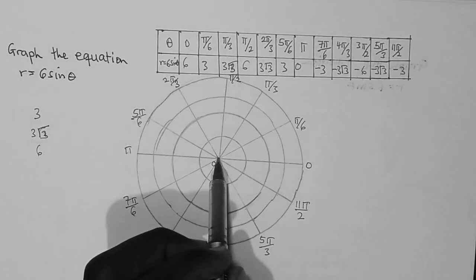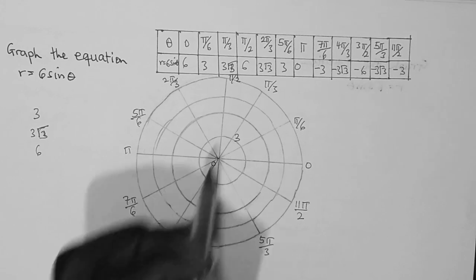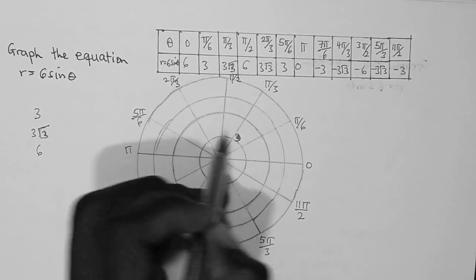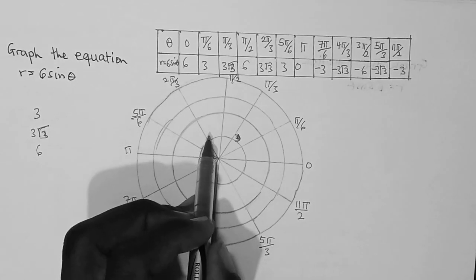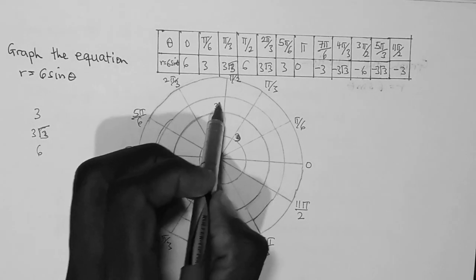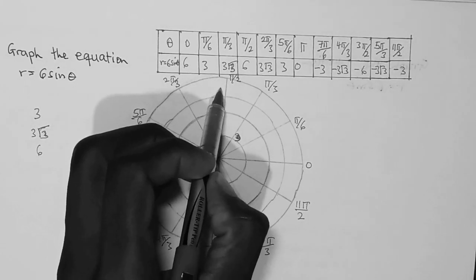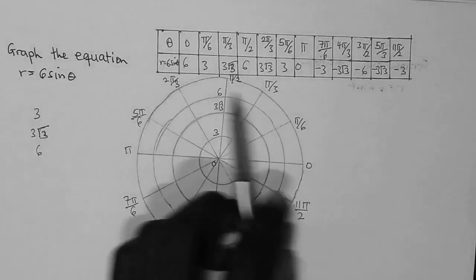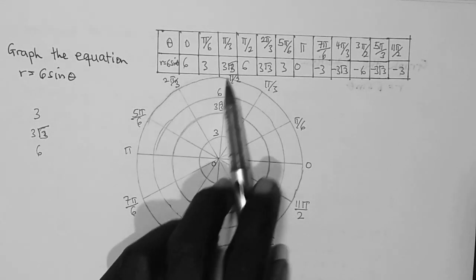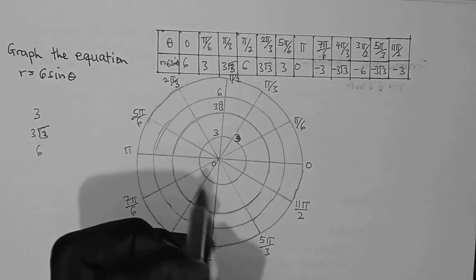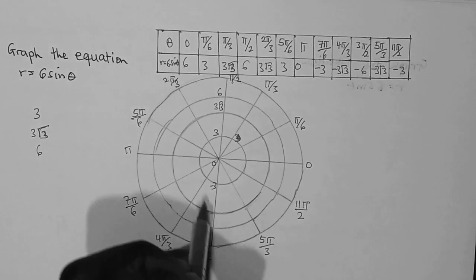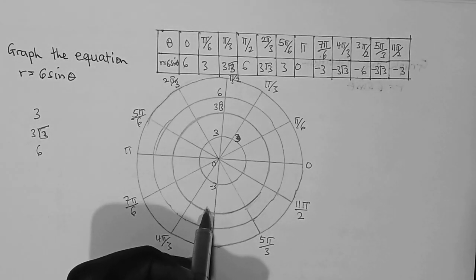So here is 0, then here is 3, and here is 3 root 3. And this place is 6. If we had any other value inside there, then that value would have come here. Down here we have minus 3, then here is minus 3 root 3.